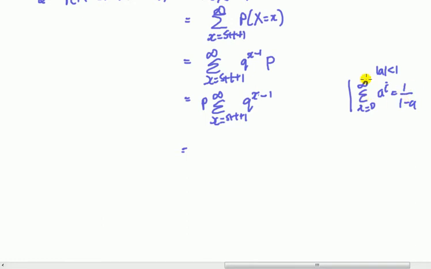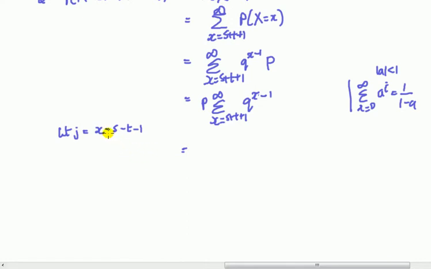So we would like to use this result, but we're not starting at 0, so we want to make a substitution for this. What we want to say is something like let j equal, and then take all these guys to the left hand side, x minus s minus t minus 1. So why do we do that?